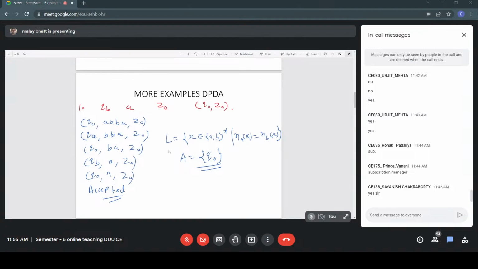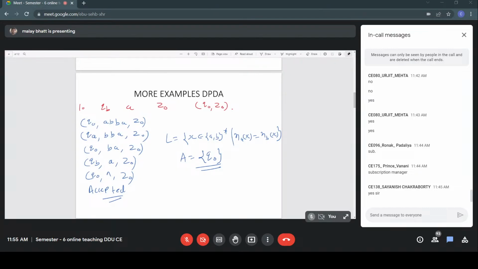Suppose we are tracing for this language: X belongs to (A+B)*, number of A in X is equal to number of B in X. We want to check equality of A and B. So our accepting state will be Q0. If we get Q0 as the final state, then it is a valid string, with the condition that we have used the entire input.